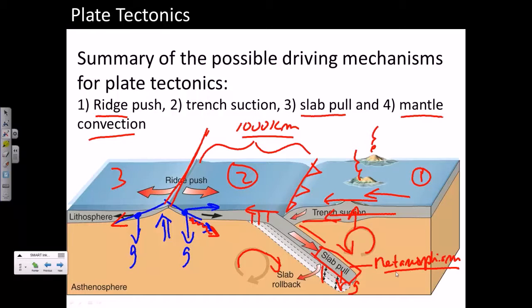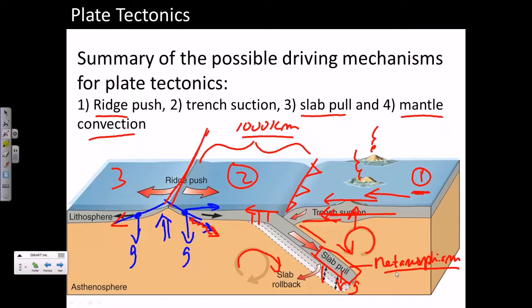As it bends down, it will pull away from the trench, and as it pulls away from the trench, the overriding plate, which is plate 1 off to our right here, will advance to catch up to it, because we usually don't find open cracks down into the mantle. So the plates, even though they're breaking apart, don't always give us a clear window into the mantle. Okay, so that summarizes the most effective mechanisms of moving the plates.